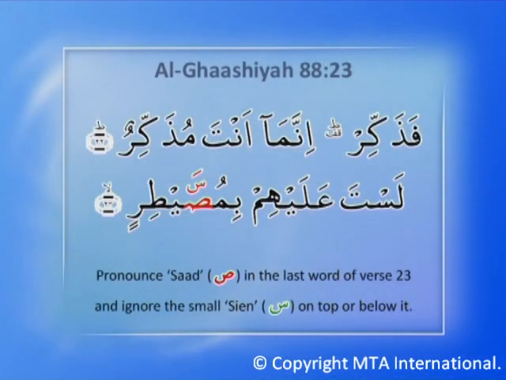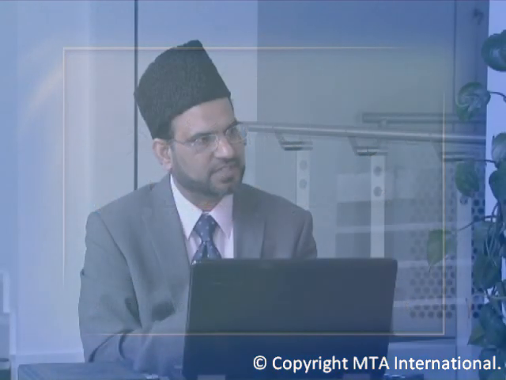And remember, the word musaitir is the same as the third one, musaitirun. That is a plural because it ends with waw noon, and here it is singular. Okay, so let's start with these two verses, because then the whole context is clear. What's the meaning of that? Okay, do this one.